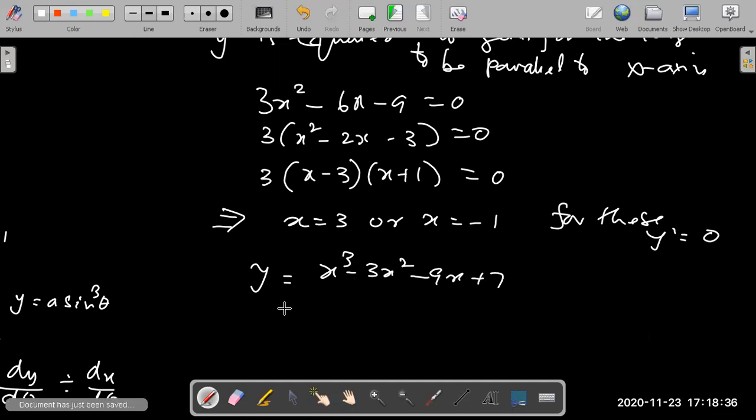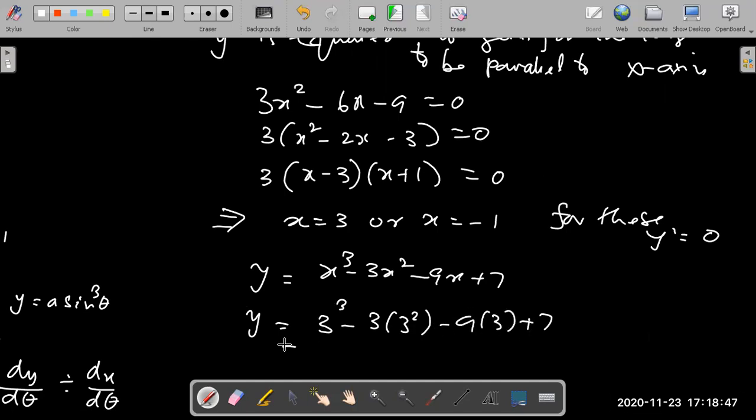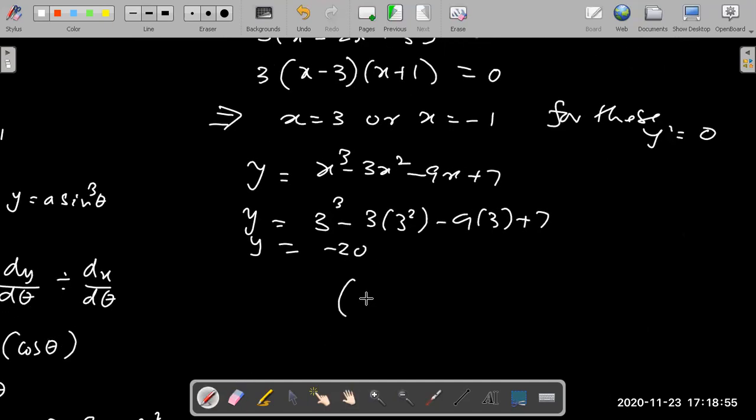So when x equal to 3, what's the y coordinate? y is equal to 3 cubed minus 3 into 3 squared minus 9 into 3 plus 7. This 3 cubed and this 3 cubed get cancelled. Minus 20 is what we get. y is equal to minus 20.